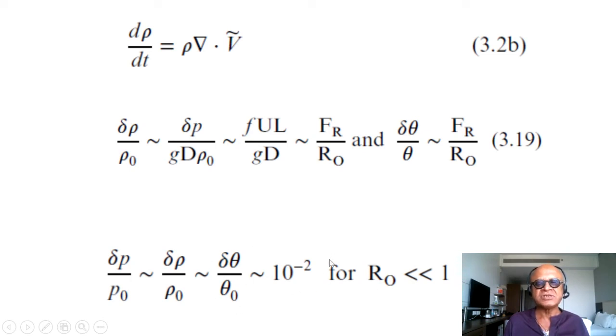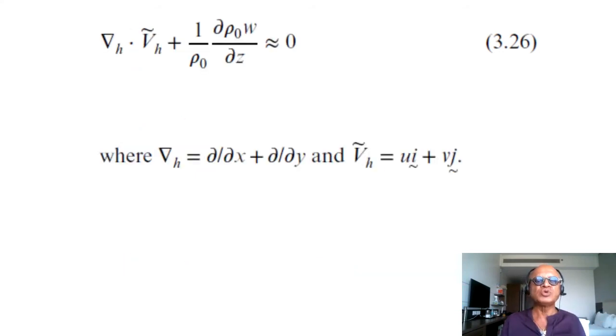Thermodynamic perturbations were small for the geostrophic regime, whereas in the tropics the thermodynamic perturbations are related to the Froude number or the gravity wave speed relative to the speed of the horizontal motions of the tropical atmosphere.